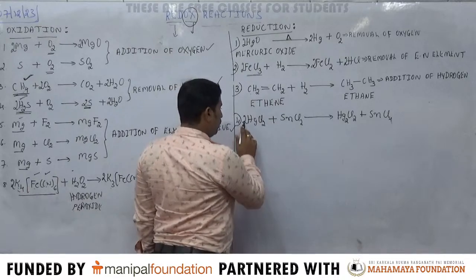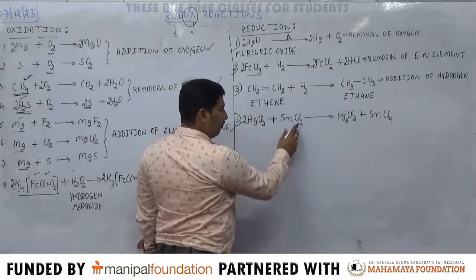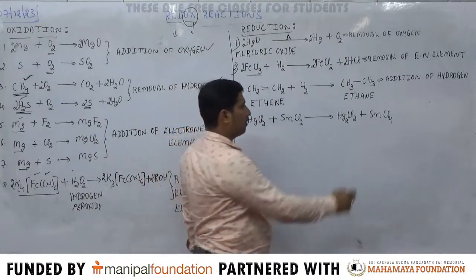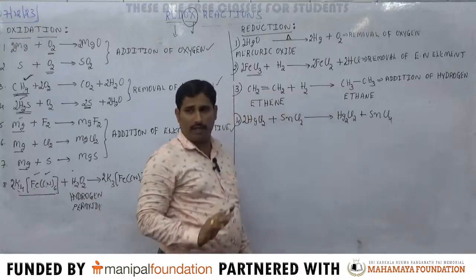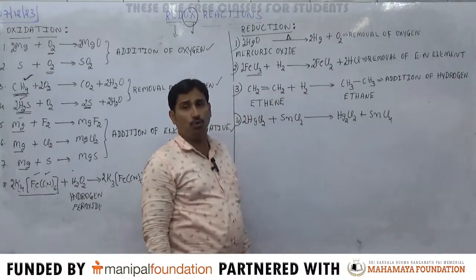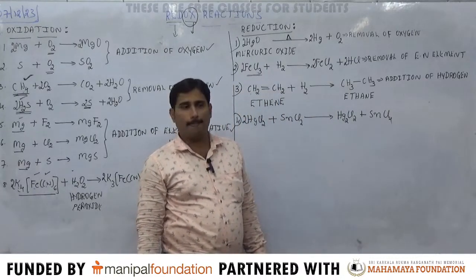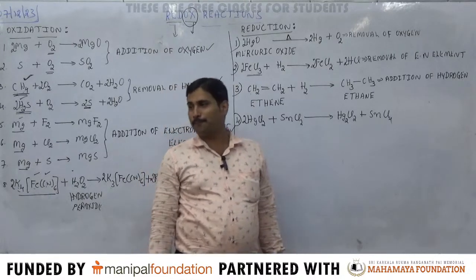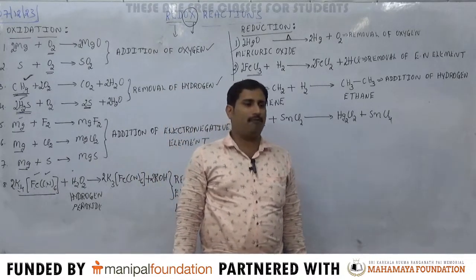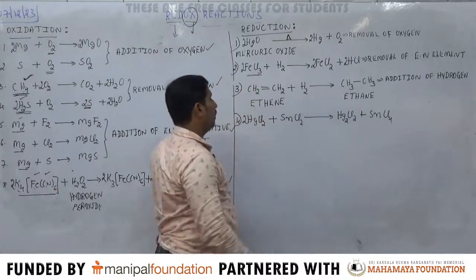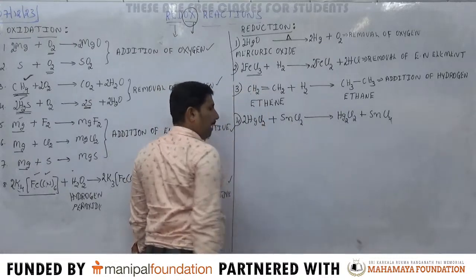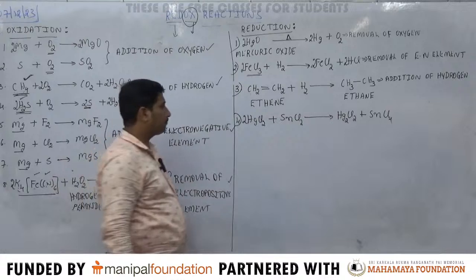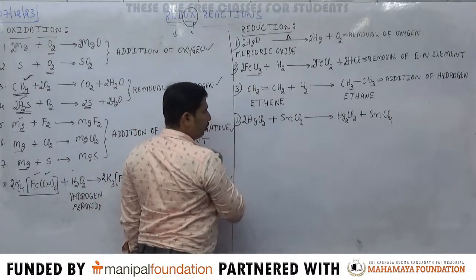Check the chlorine, 2 into 2 is 4 plus 2 is 6, 4 plus 2 is 6, chlorine is balanced. Sn refers to tin. Sn is balanced. Now Hg is mercury.